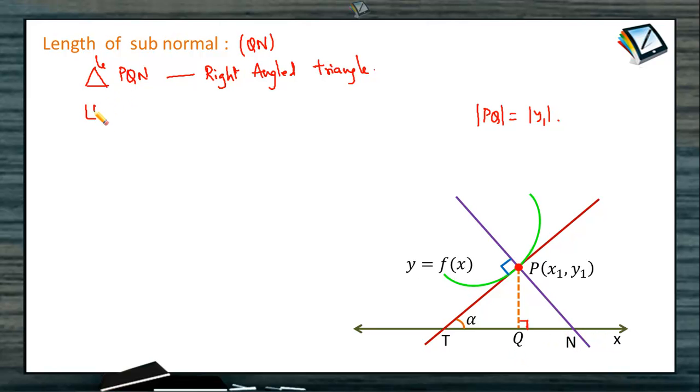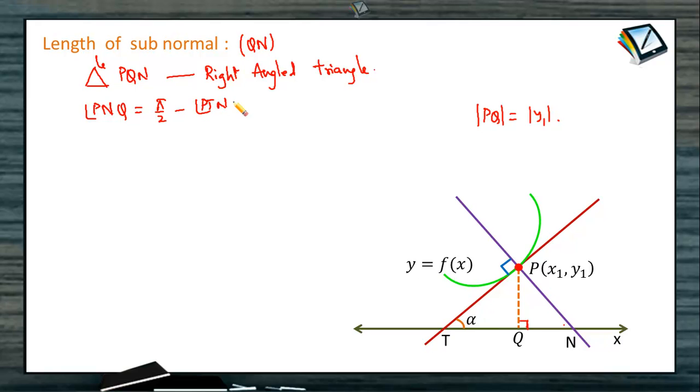Yes, angle PNQ would be the complement of angle PTN, right? This angle PNQ would be the complement of this angle, because this is also an angle in the right angle triangle PTN.